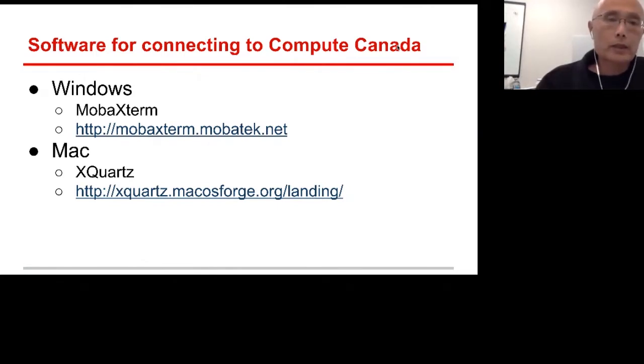That's another way, but it's a little bit more complicated because you have to install PuTTY, and you also probably want to install another program called Xming, which helps you do visual connections. But MobaXterm contains everything, so it's much easier to use. I'll go into detail about how to do that later.